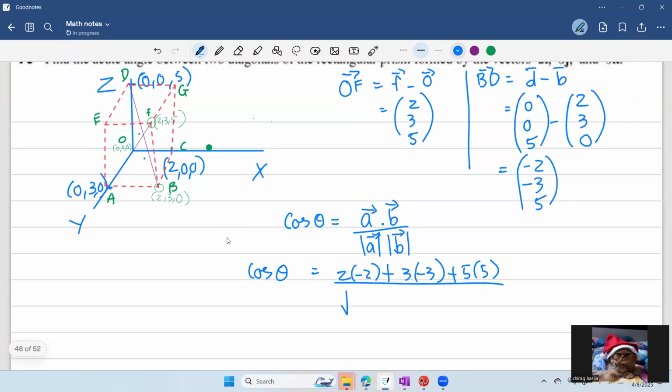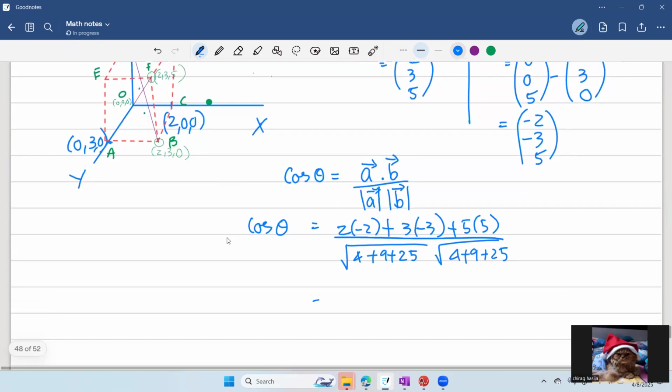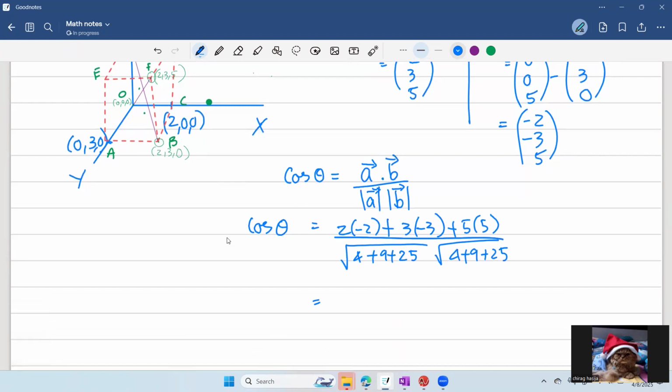So that's a good thing that both the magnitudes will be the same. The root of 4 plus 9 plus 25. So what does it come to? That's -4 minus 9 plus 25 upon, this will be root of 4 plus 9 is 13, 13 plus 25 that will give us 38, so 38 times root of 38.